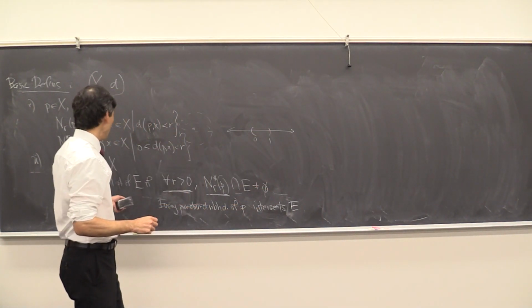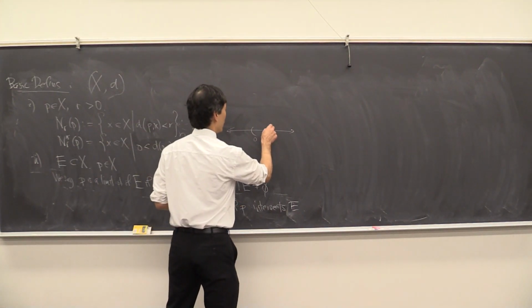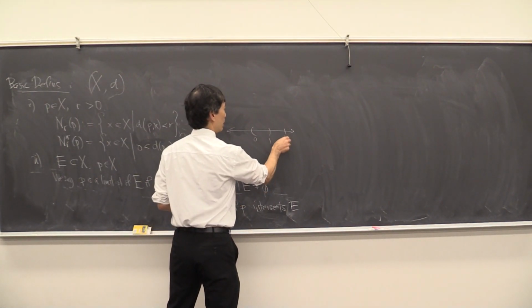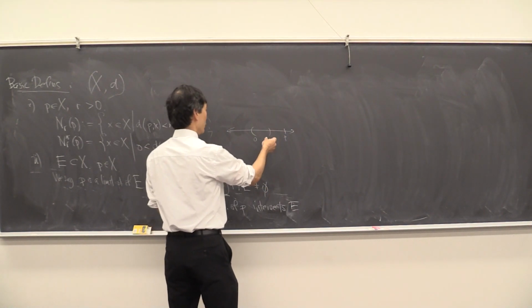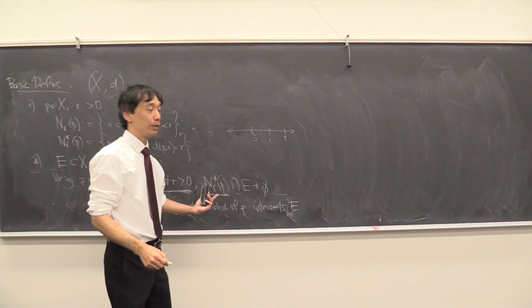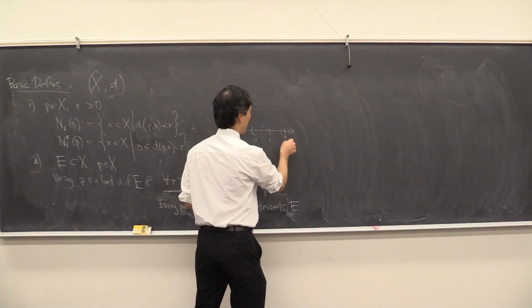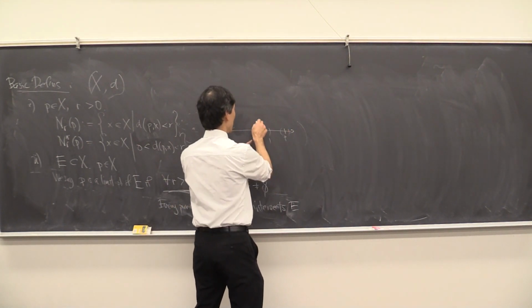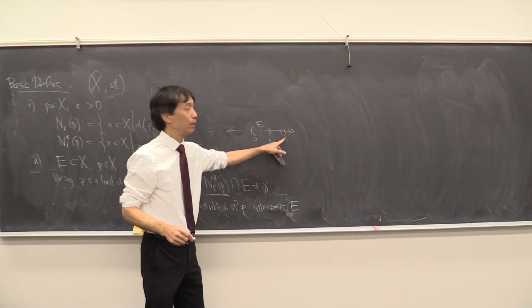Then what are limit points here? Well, if I'm here, then maybe some punctured neighborhoods will intersect, but not all of them. I can find a punctured neighborhood that doesn't intersect my E. So this is not a limit point.